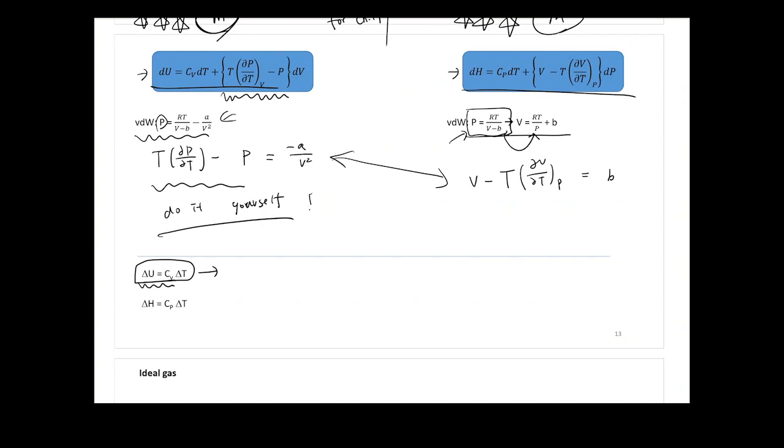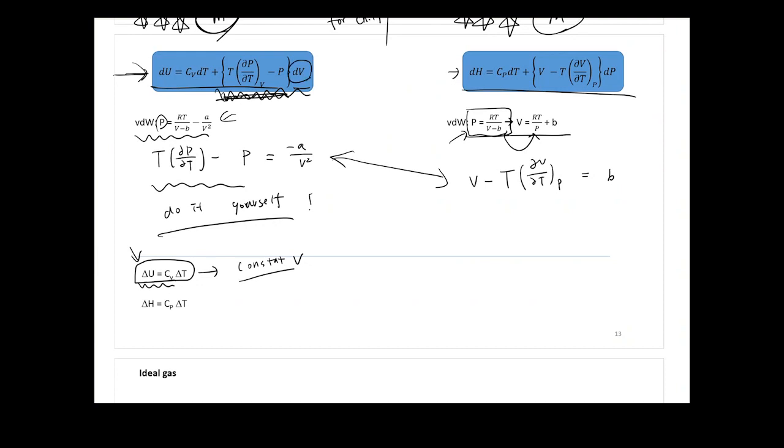Every time you get these questions, always go back to the most general equation. Because you know your dU is CV dT plus internal pressure times dV, right? So if you want to say this is true, that means the second term goes to 0. To make the second term go to 0, what can you do? You can first do constant V so that the dV becomes 0.